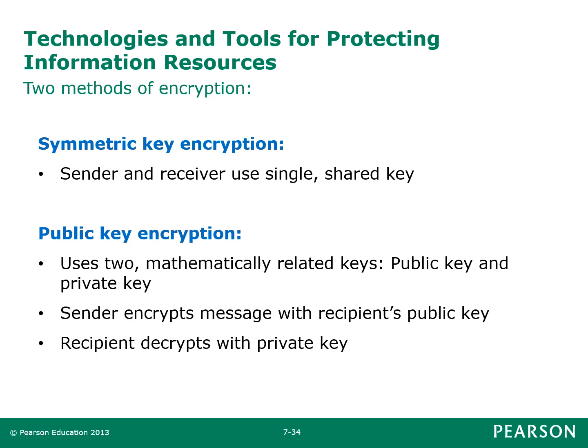So the public key is public and the private key is secret and kept by the communicators, receiver and sender. The sender encrypts the messages with the recipient's public key. On receiving the message, the recipient uses his or her private key to decrypt it.